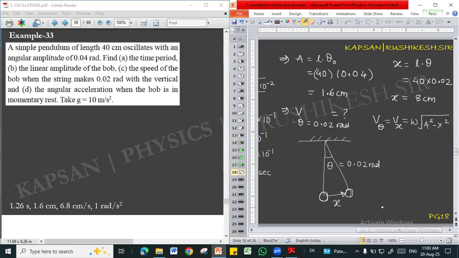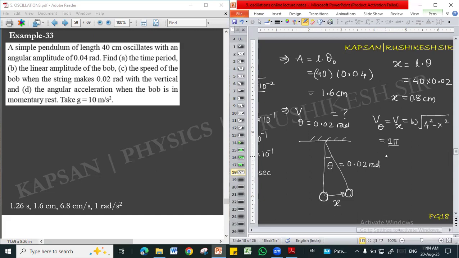Sir, x is equal to 0.8 centimeter येणार ना? x is equal to 40 into 0.02, 0.8. 1 dot येणार की this 0 and this double 0 means single 0 will remain. So 1 dot येणार. Omega is equal to what? 2 pi upon time period.